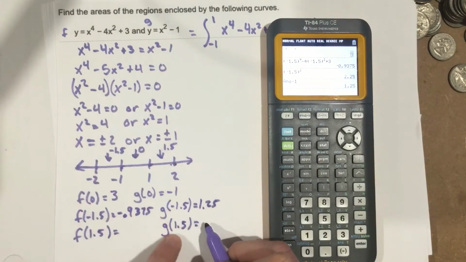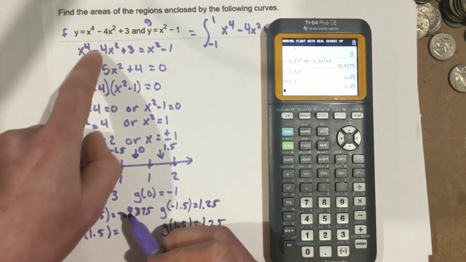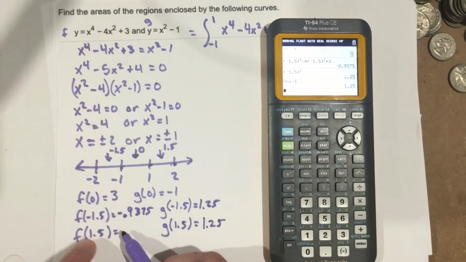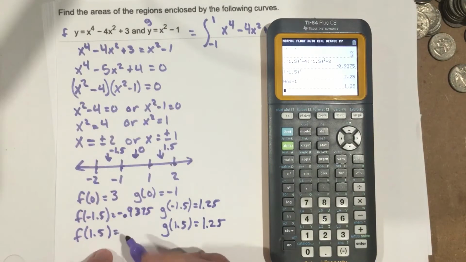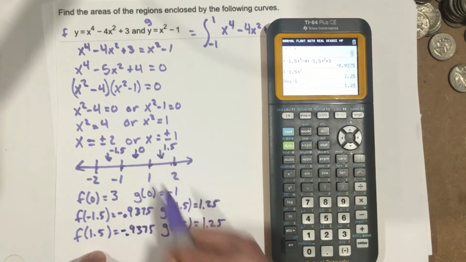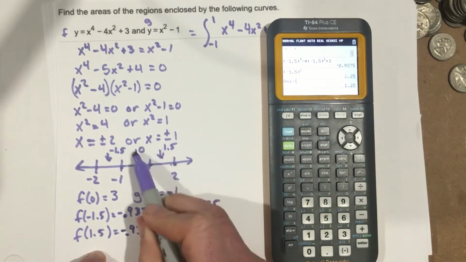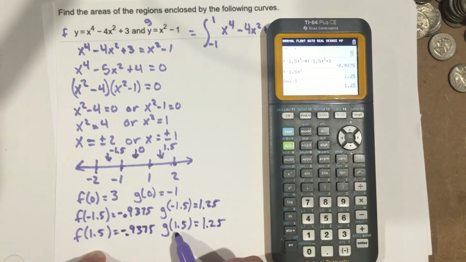So g of 1.5 is still 1.25. Same thing with this 4th power polynomial. When I plug in the positive version, I have even powers, so that's going to leave this the exact same, negative 0.9375. So here, the g function's larger than the f function. So what does that mean?